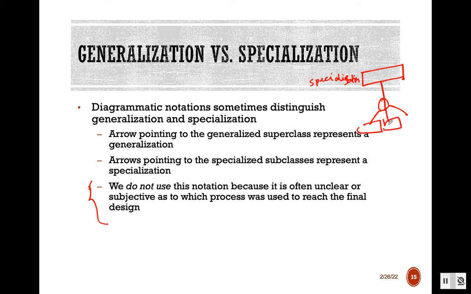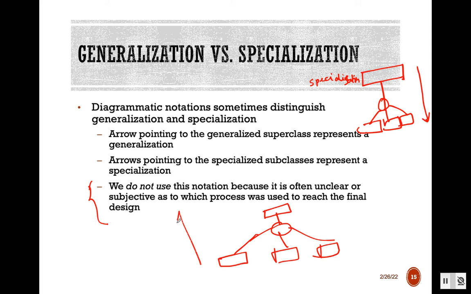And in generalization I have first the subclass, then I have the superclass. So here people can use two different diagrammatic notations like that to distinguish whether this is specialization or generalization.